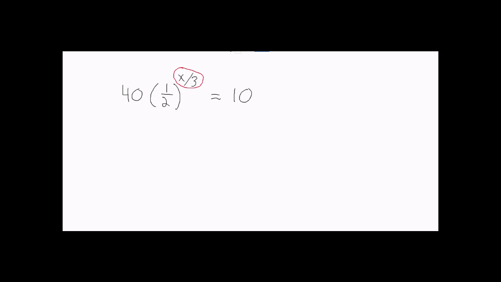Before you do that, though, you don't want to take natural log of this entire side. You want to get rid of that 40 first. So we're going to divide both sides by 40. No biggie. And that's going to leave us with 1/2 to the x over 3, using your parentheses there, is equal to 10 over 40, which is 1/4.